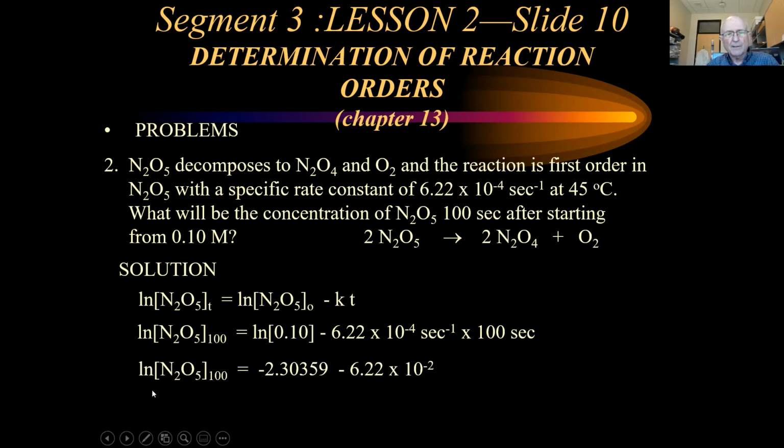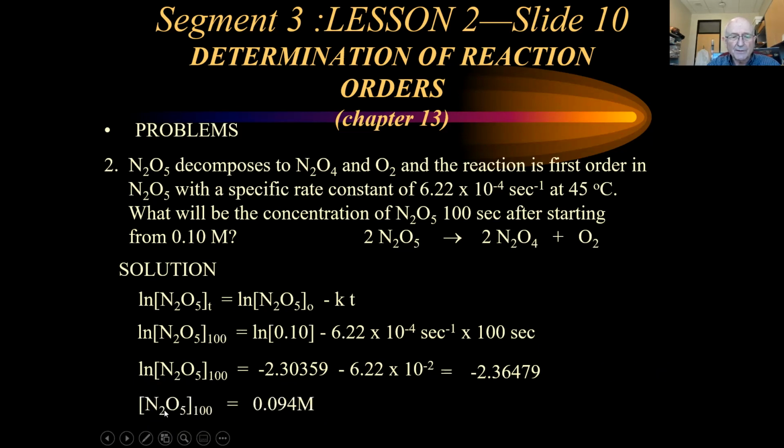So when I plug in the data, the log of 0.1 is minus 0.2303. This times 100 is this. So I can solve for that. It's 2.36479. And now to get rid of the log function, I raise everything to the e power. E to the ln of something is just the something.